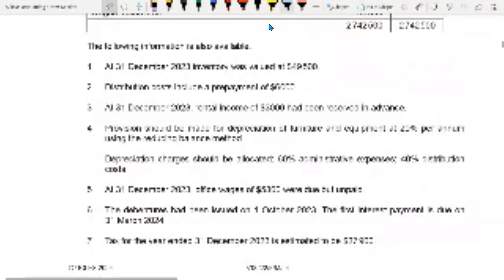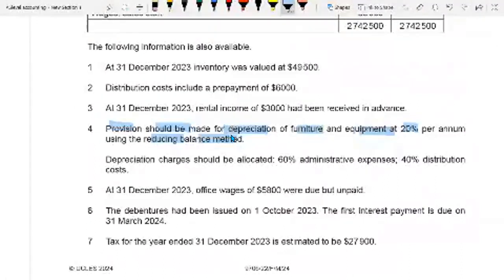As you can see, provision should be made for depreciation of furniture and equipment at 20% per annum using the reducing balance method. So this is a reducing balance method. It means that we have to apply the 20% on the net book value.